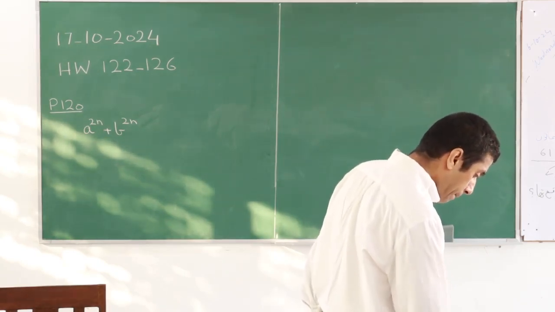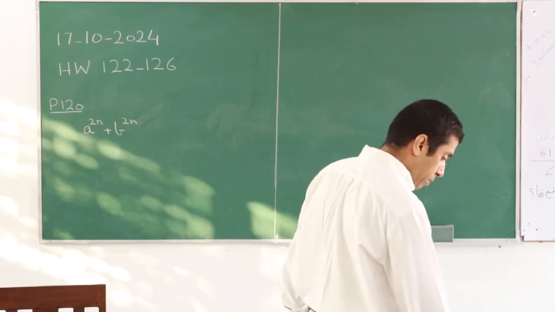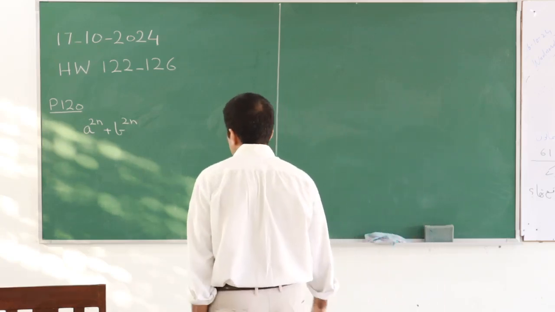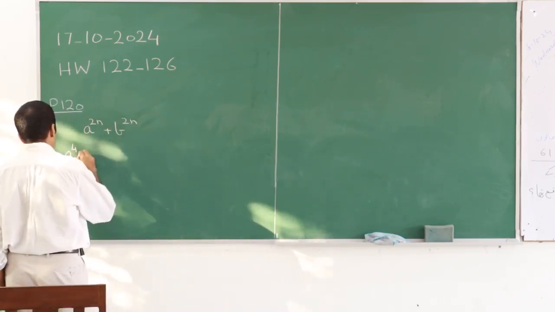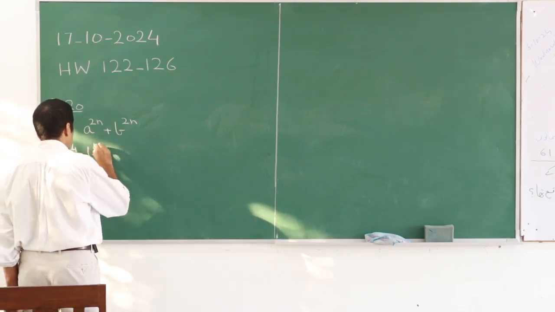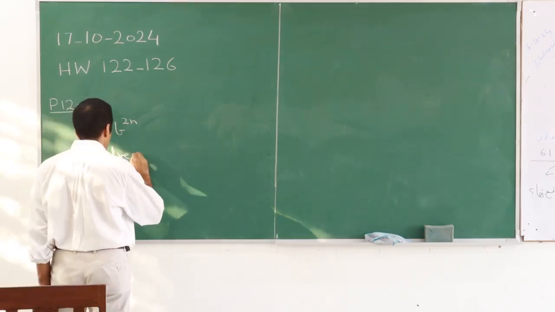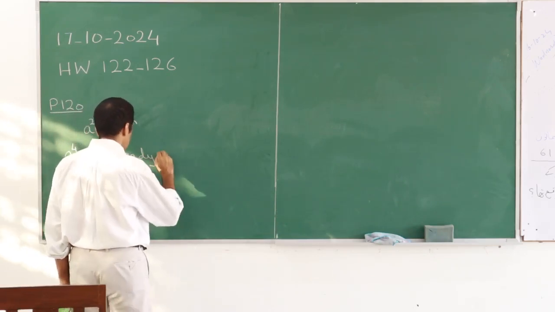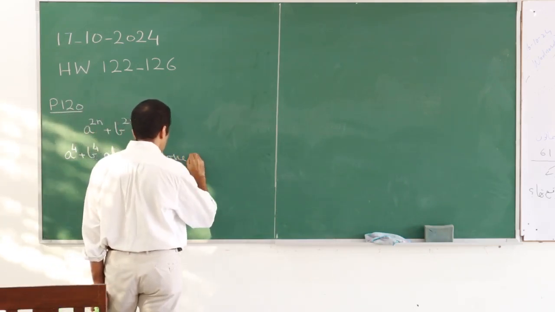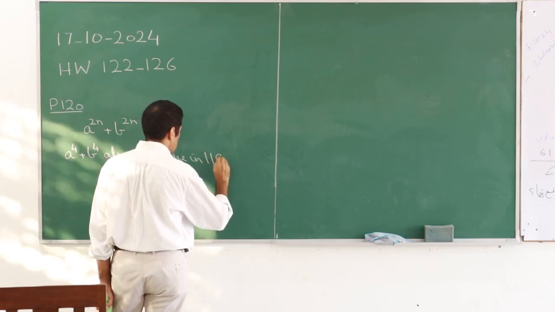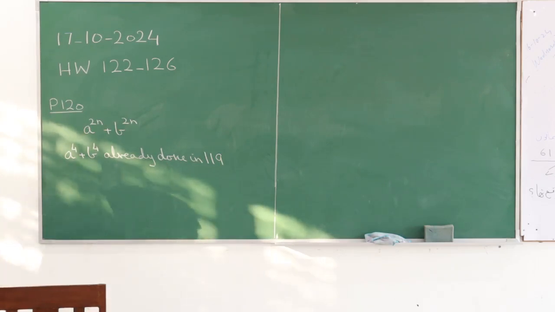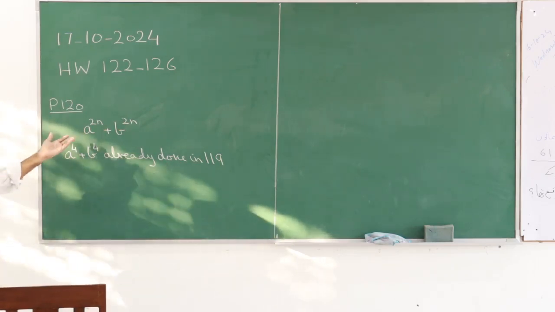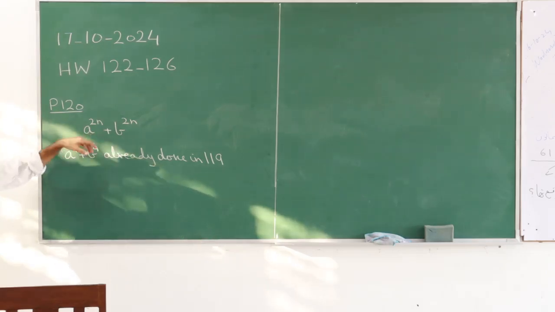So note, a to the 4th plus b to the 4th is already done in problem 1.19. That is already done. It's done for n equal to 2, right? Now they are asking whether it can be done for any other n.